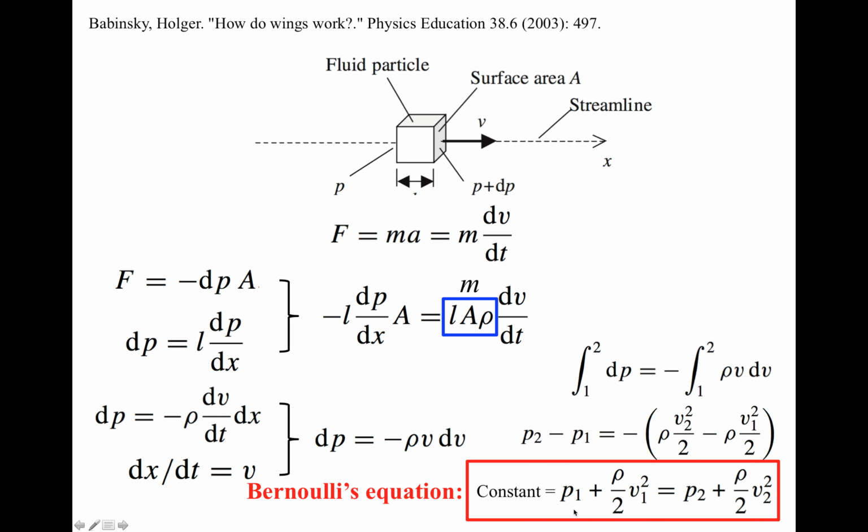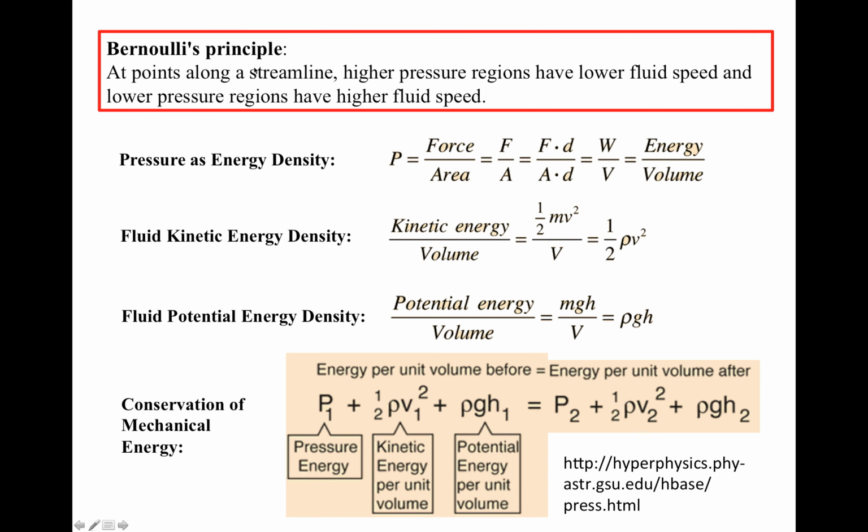So if pressure is big, then this term must be small, which means v must be small. And if v is big, then pressure must be small. So that's what Bernoulli's principle means in plain English.